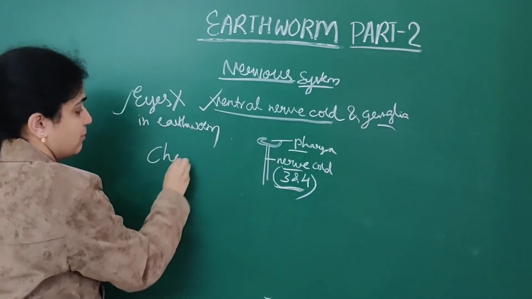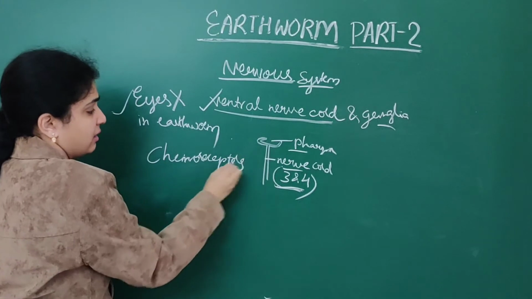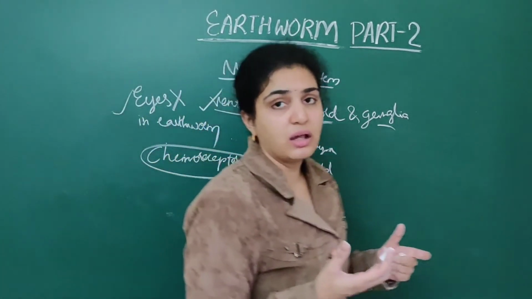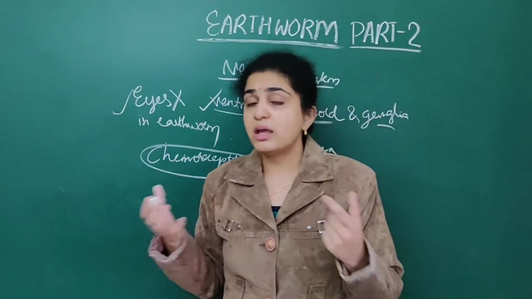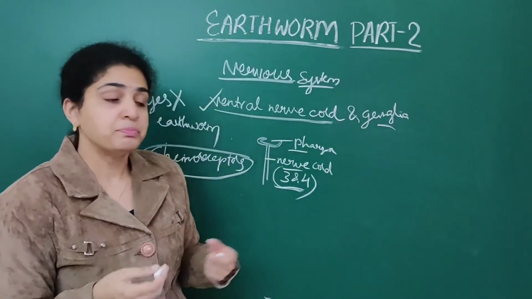Numerous chemoreceptors means they can detect all the vibrations on the ground, and they are very sensitive to light. That's why in the morning they won't come out onto the soil much.